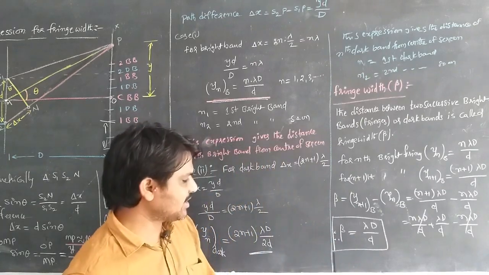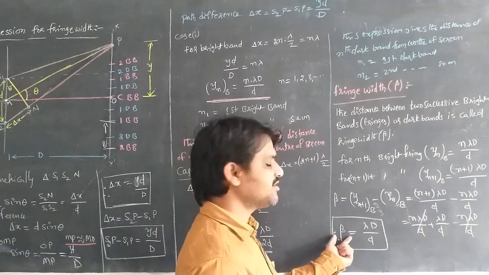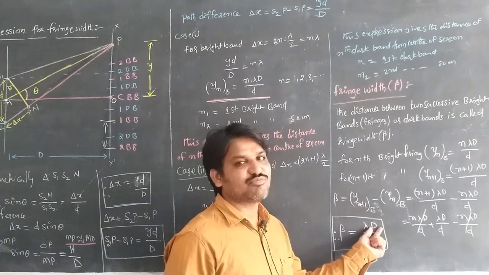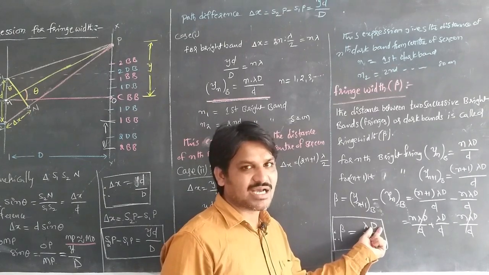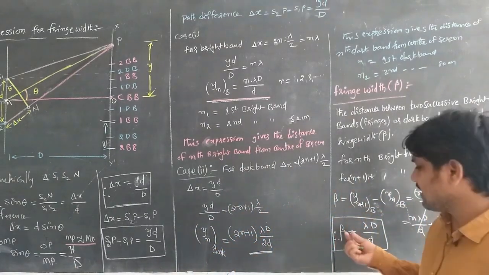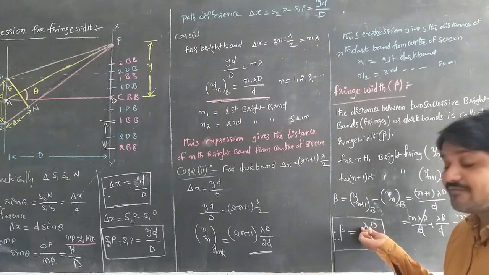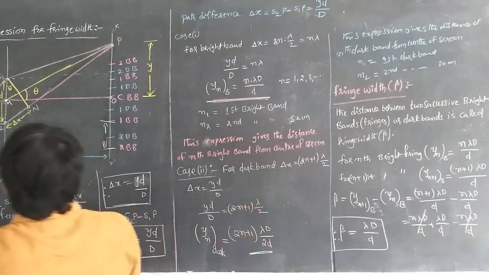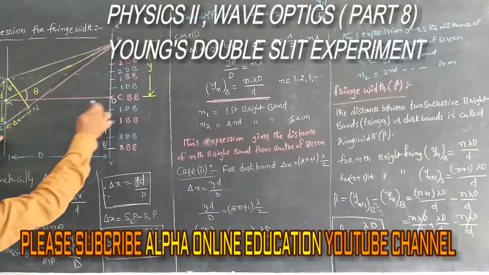From the equation beta is equal to lambda D by small d, we can say the fringe width is directly proportional to the distance between the slits and the screen.